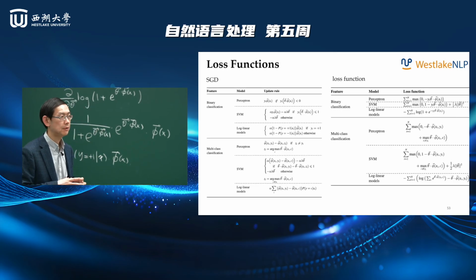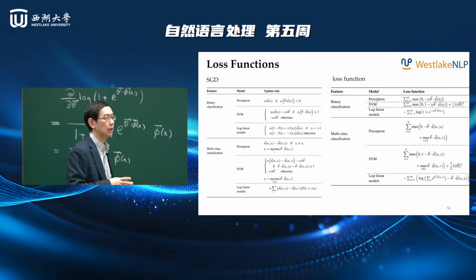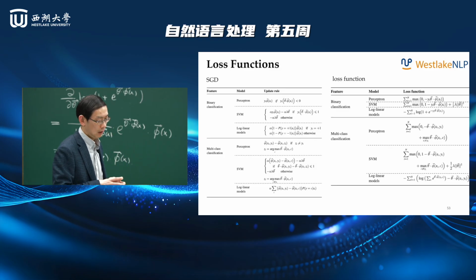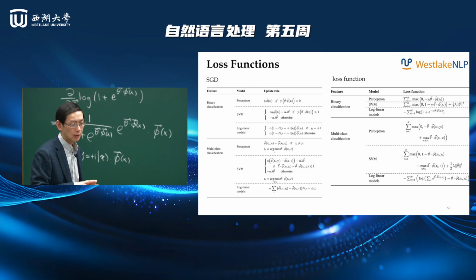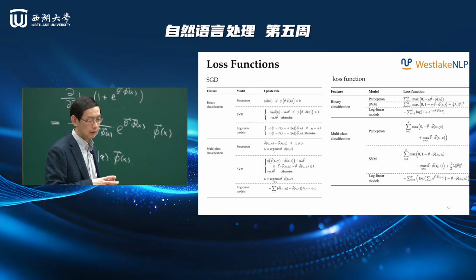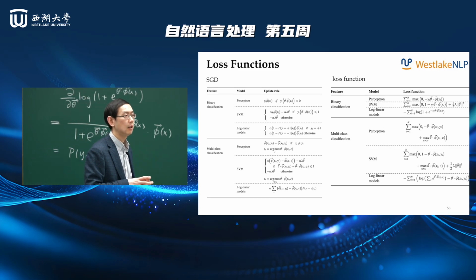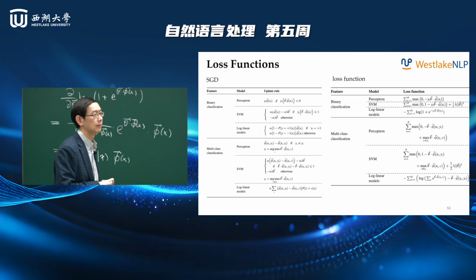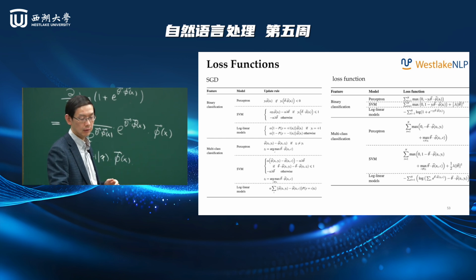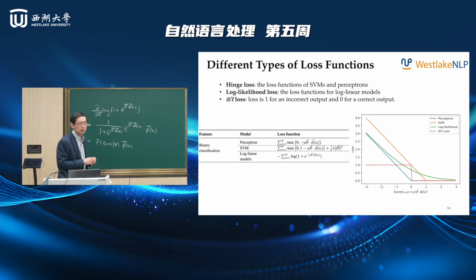For perceptron and SVM, it's something like a violation-based objective function. For log linear model, it's just a negative log likelihood. Okay. All right. I can draw these loss functions into a picture.